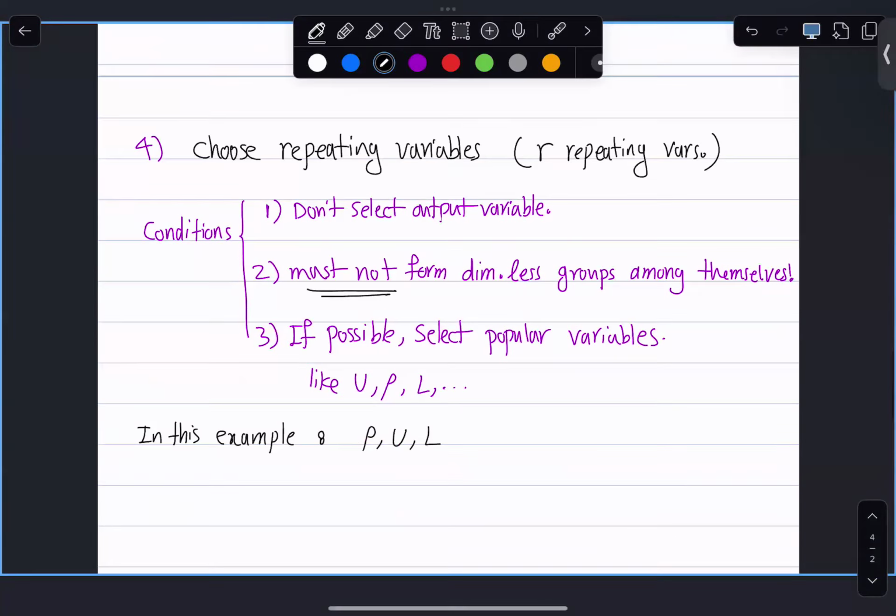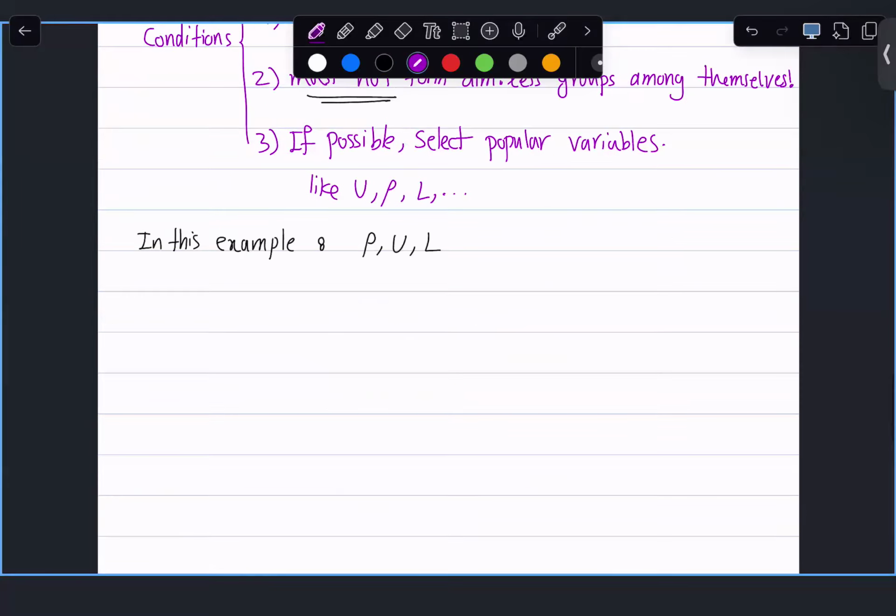Any questions? That clear? This is a very important step. If we do all these 4 steps correctly, we're almost done. We have the last step, which is form the pi groups.